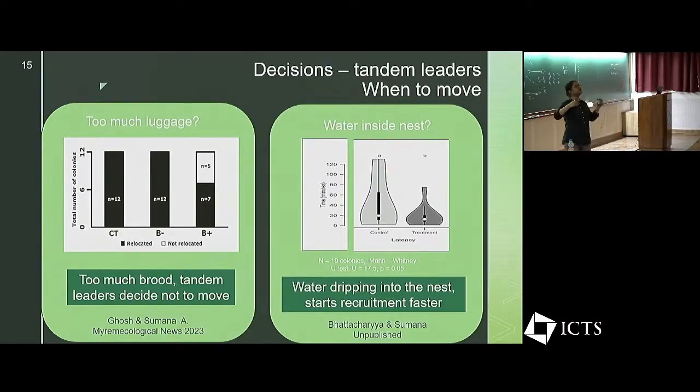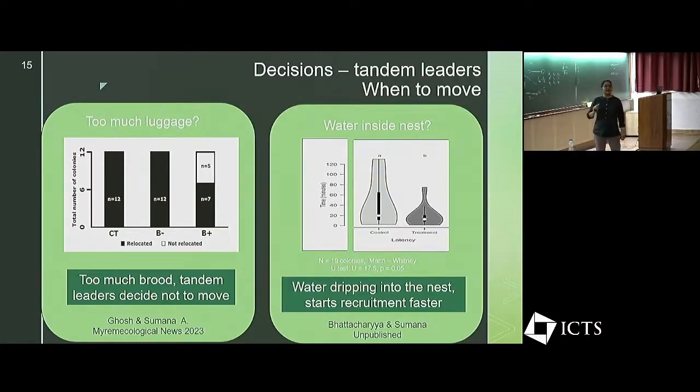So you can ask me, what do I mean by luggage? And luggage means the developing brood, right? Eggs, larvae, and pupa that are within the colony. So if they have to take this along with them from one place to another, then we find that when I increase the brood in the colony, add a lot of luggage, too much brood, tandem leaders do not move. So half the proportion of colonies do not relocate, right?